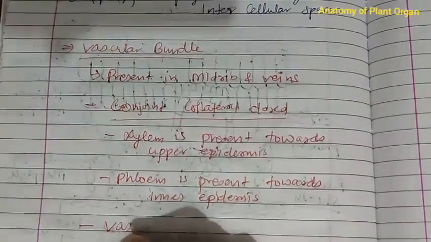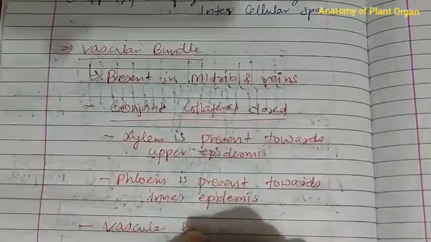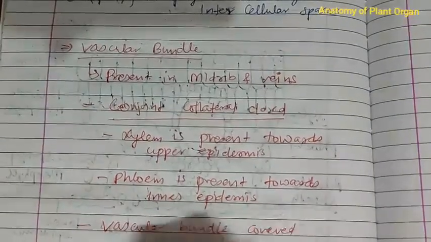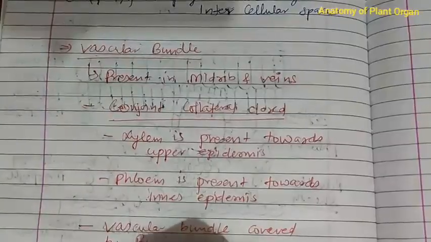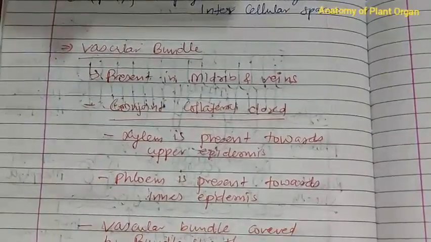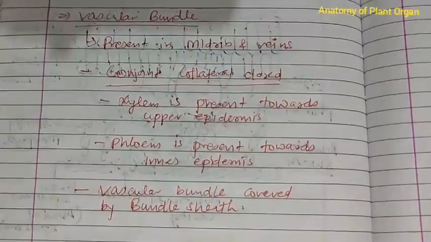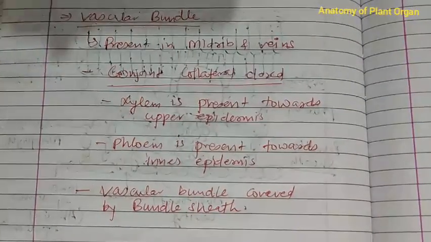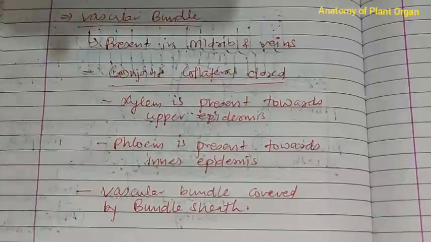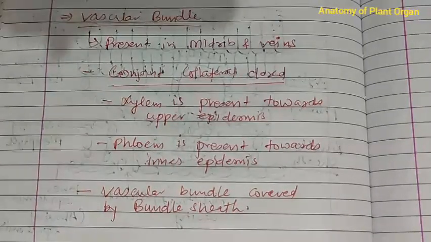And vascular bundles are covered by a bundle sheath. So that is the anatomy of dicot or dorsiventral leaf. Now why is it known as dorsiventral leaf?